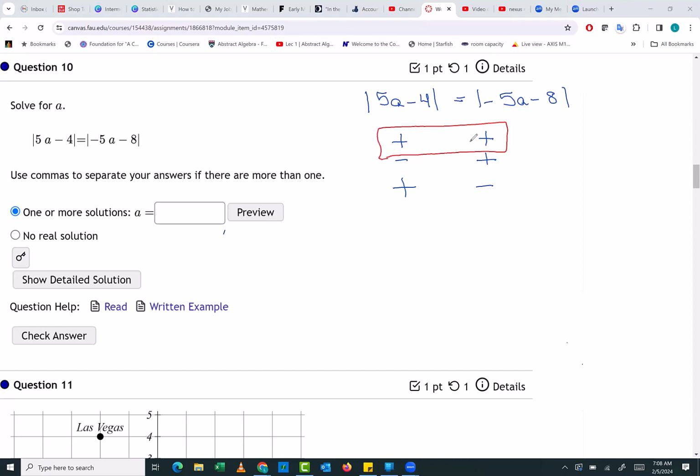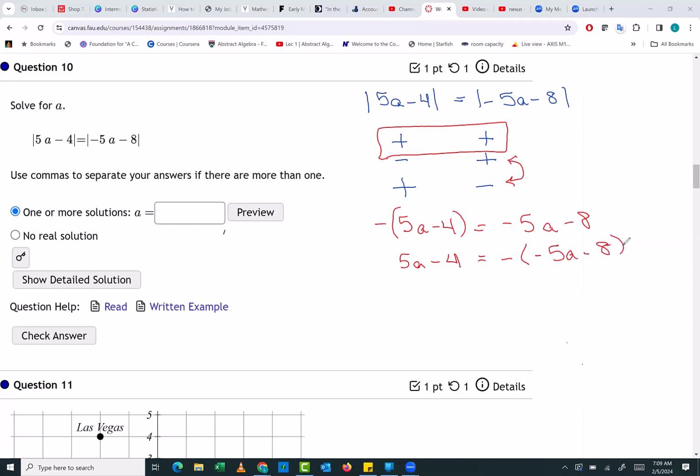Let's check out the other two. I think they're the same. If I want to make the left-hand side negative first, and I'm going to keep the right-hand side the way it is, or I can say, let's keep the right-hand side the way it is and make the left-hand side negative.